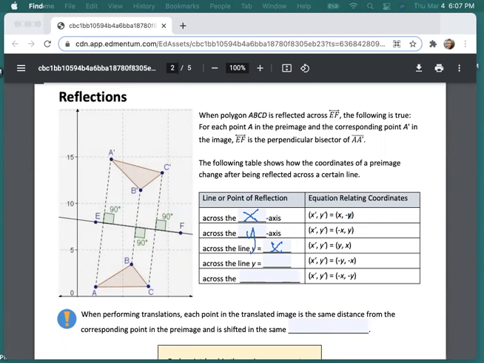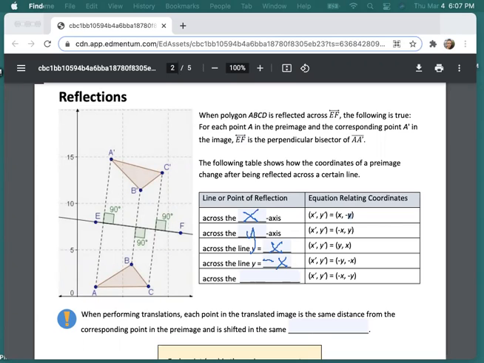Now we have another reflection, and we're switching our x and y values, but they're also becoming negative. So I'm thinking it's going to be a line y equals negative x like this. So our A would be down here and our B. So y equals negative x for that one. And then across the what would give us negative x and negative y?